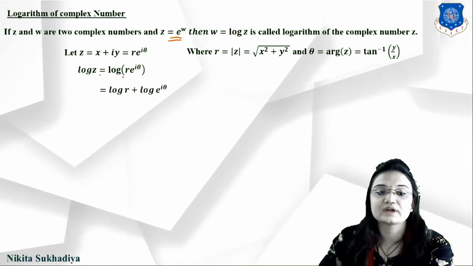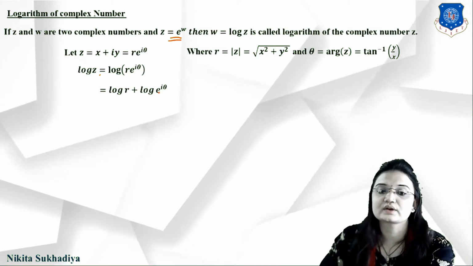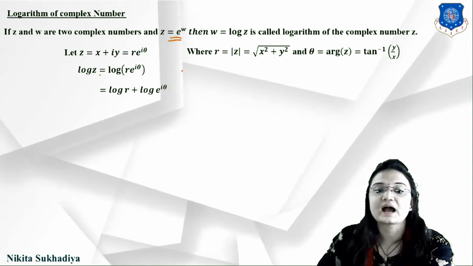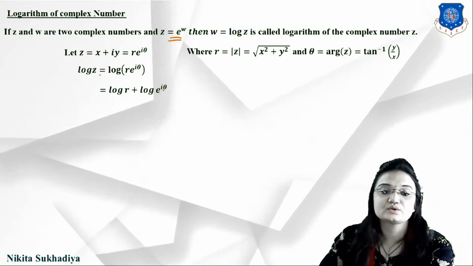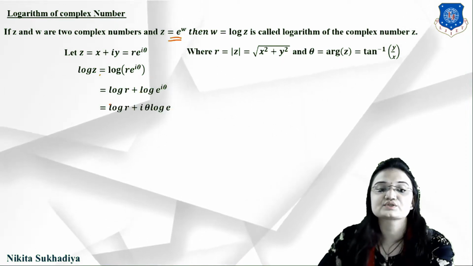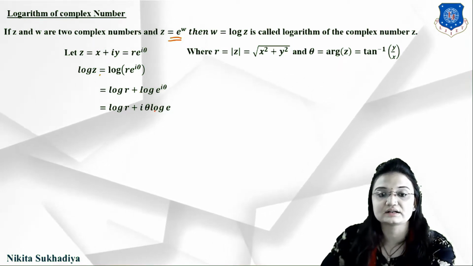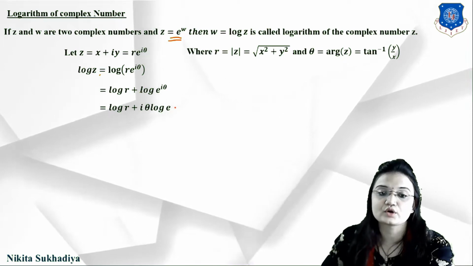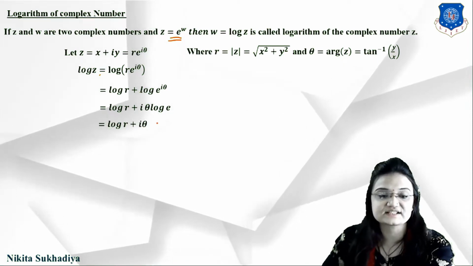Now we know the rule of logarithm, that is logarithm of r plus logarithm of e raised to i theta. We know that r is equal to under root of x square plus y square, and taking i theta out, we get logarithm of r plus i theta logarithm of e. And we know that the value of logarithm of e is 1, so we can write logarithm of r plus i theta.